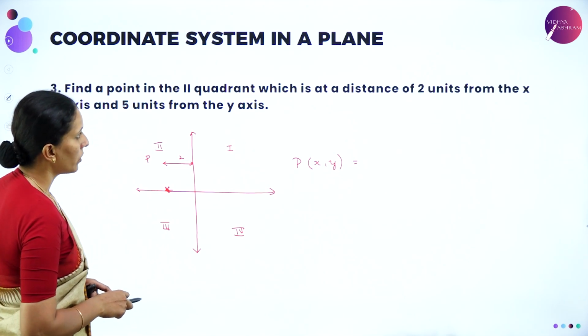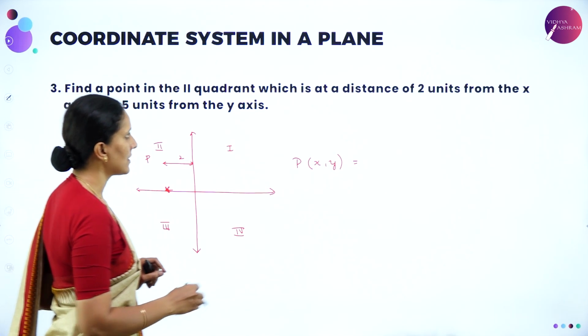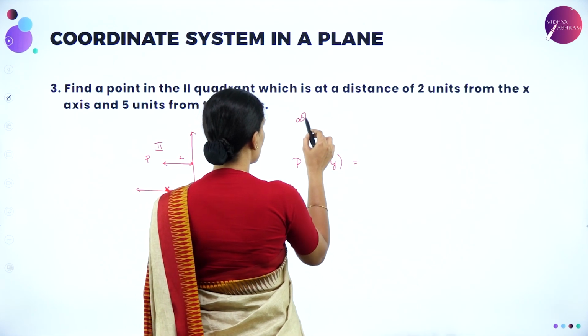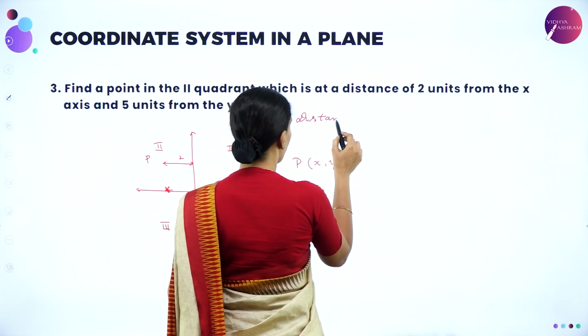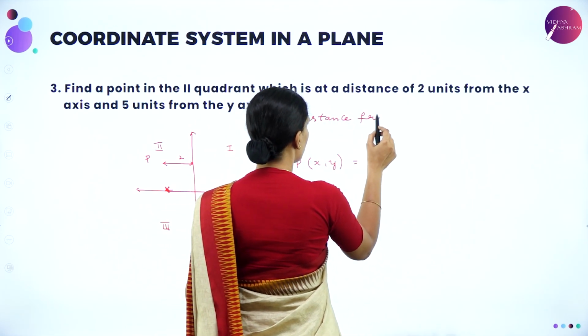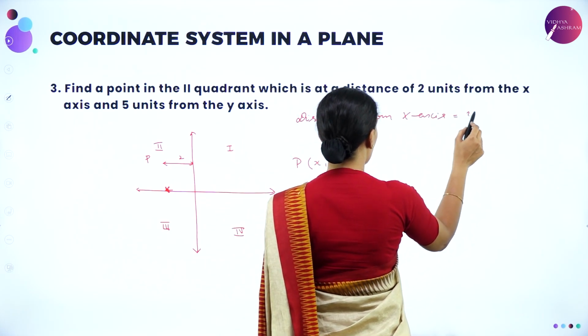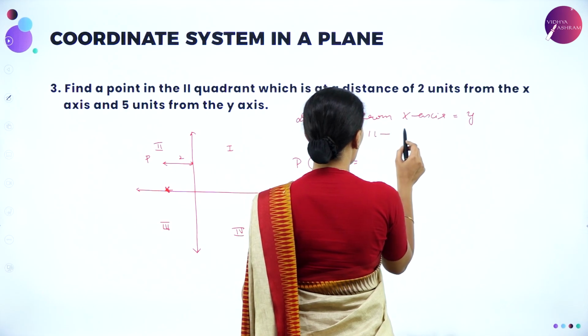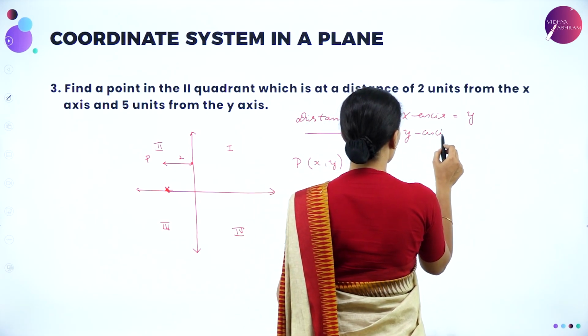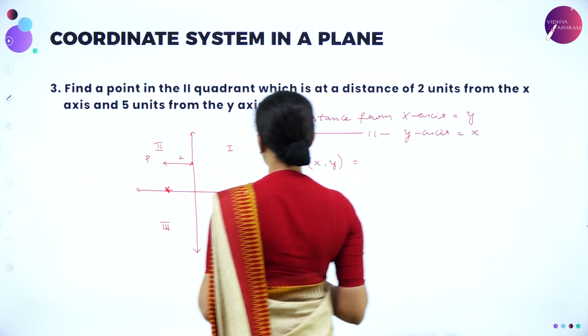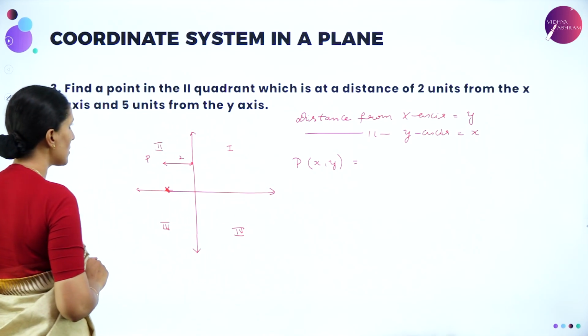Distance from the x-axis is nothing but y. Similarly, distance from the y-axis is nothing but x. And the distance from the y-axis is given, that is 5 units.